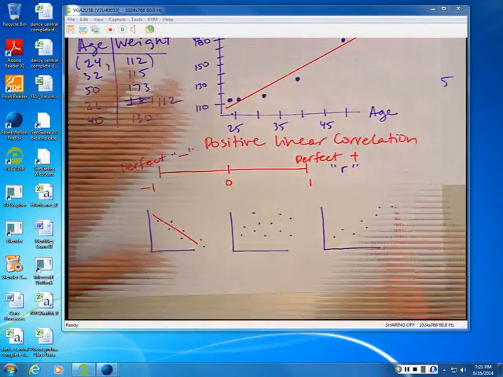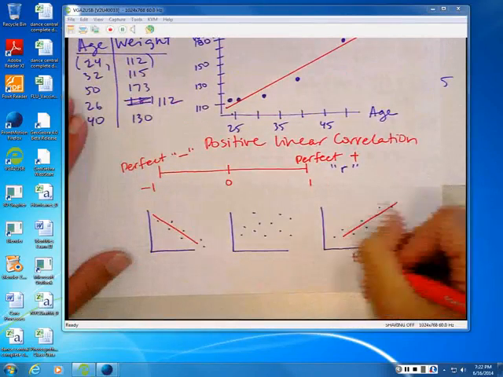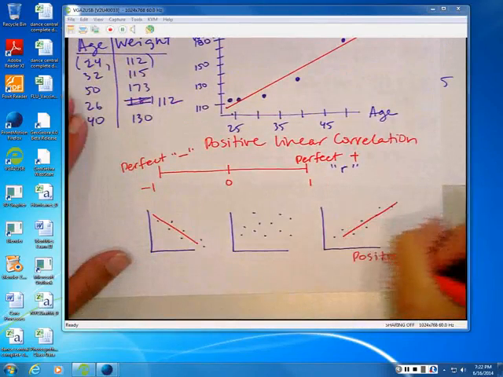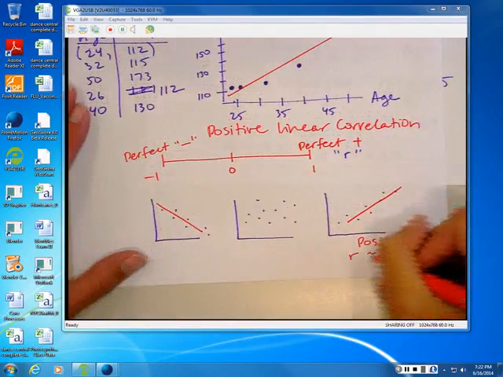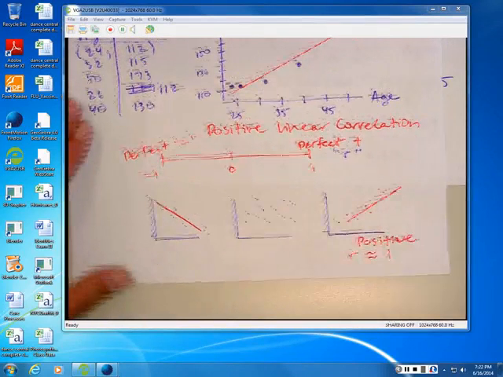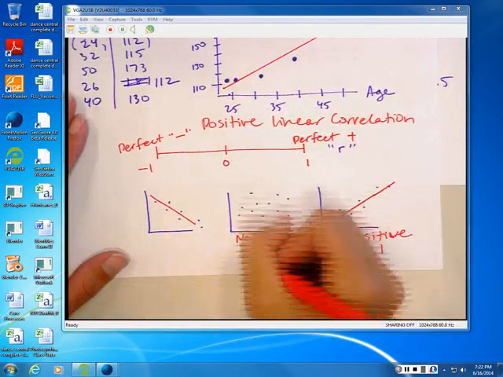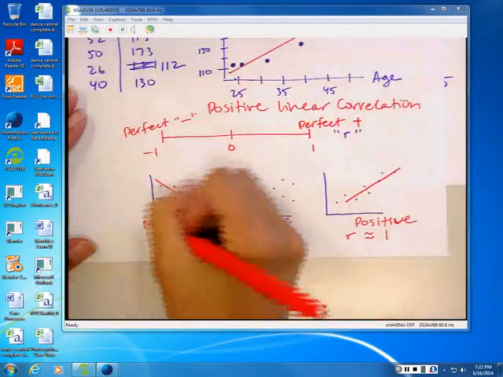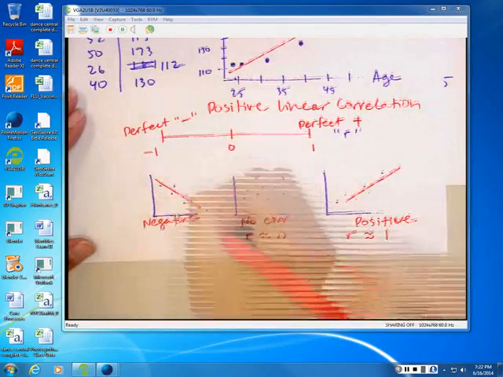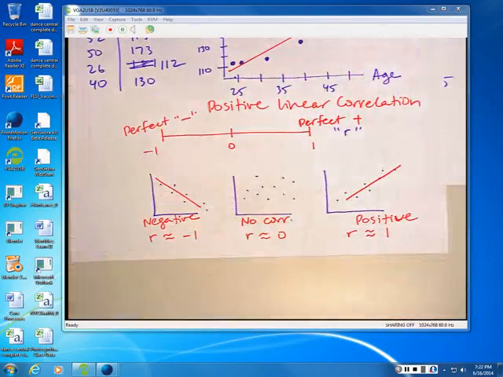And if I were to draw a line through that, the line would have a positive slope. So R would be close to 1. This is no correlation. I'm just going to abbreviate. R would be close to 0. This is a negative linear correlation, and R would be close to -1 because of that negative slope.